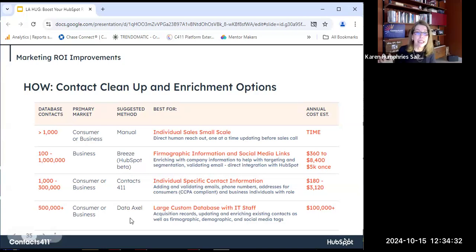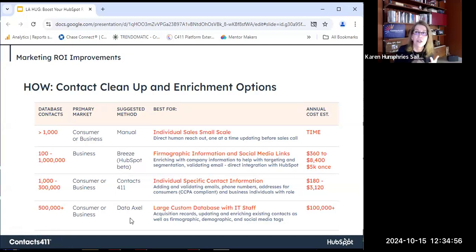And then if you're really big and you've got over 500,000 names, and you can afford to spend $100,000 or more a year, I would actually personally recommend going to Data Axle. They've got great data quality. You need an IT staff though, because that takes a custom integration into your database. But those are there. And look, there are other options.